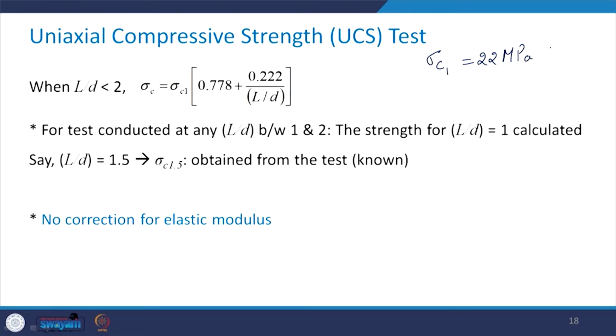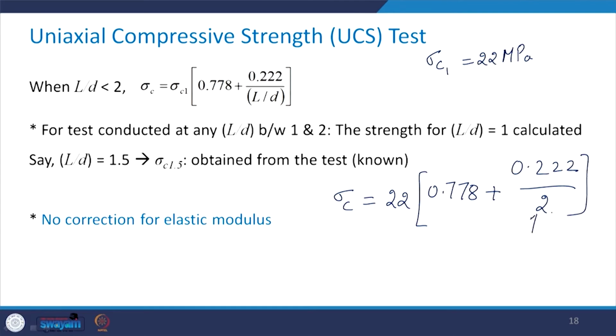Since this is known to me now, I can find sigma C as 22 multiplied by 0.778 plus 0.222 divided by 2, since this is L by D equal to 2. Whatever value of sigma C you get is going to give me the UCS of the rock.